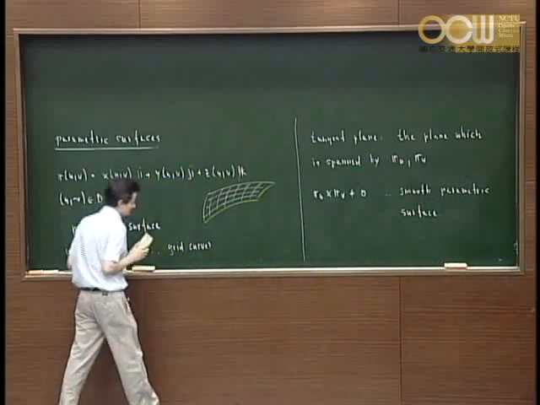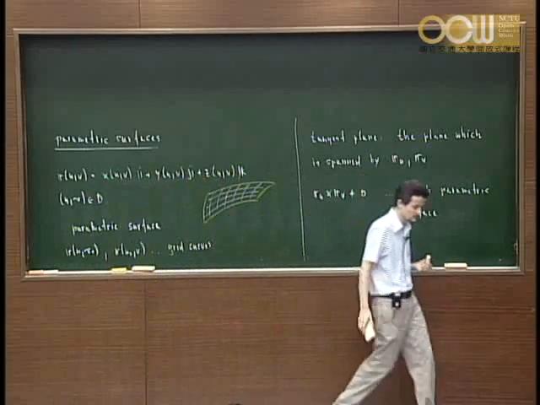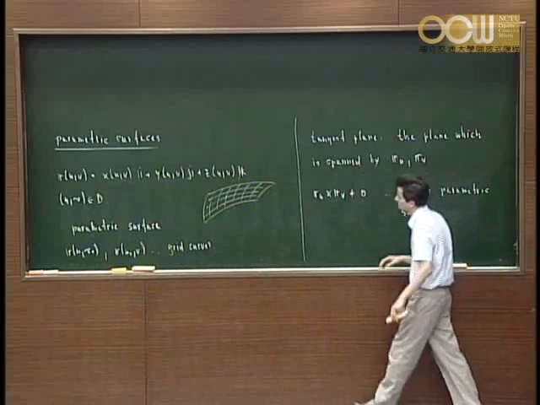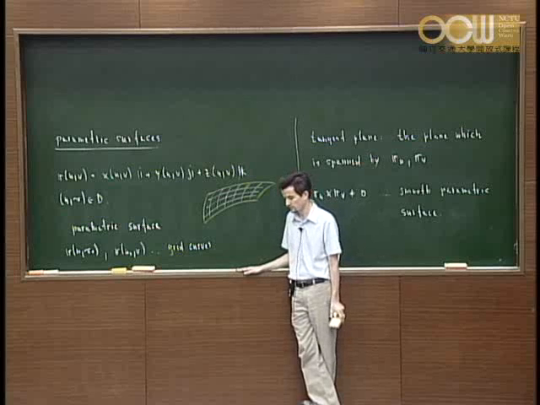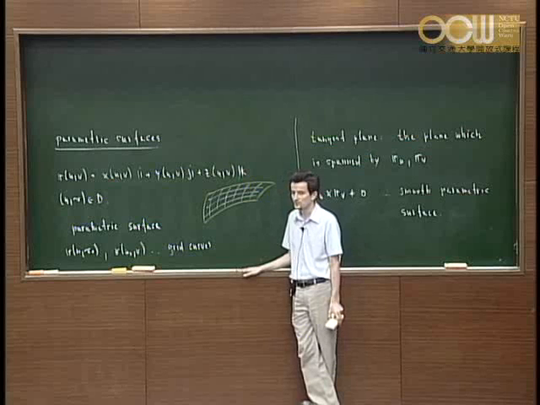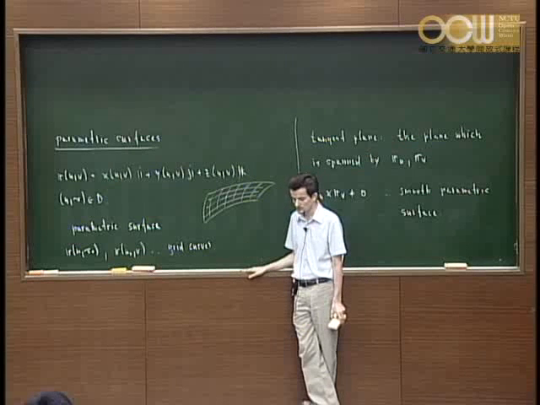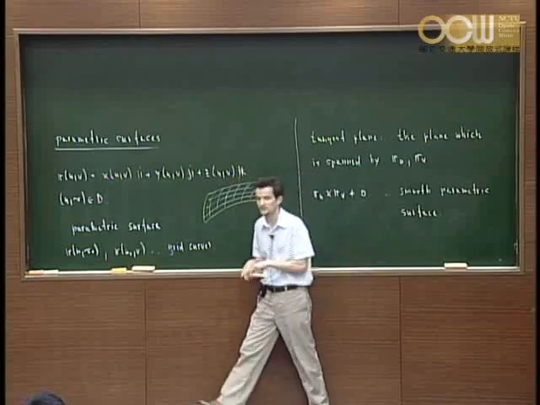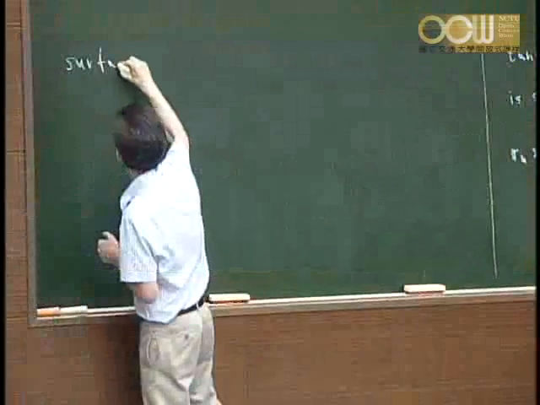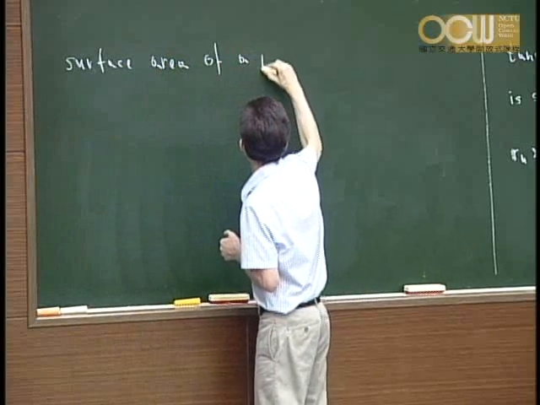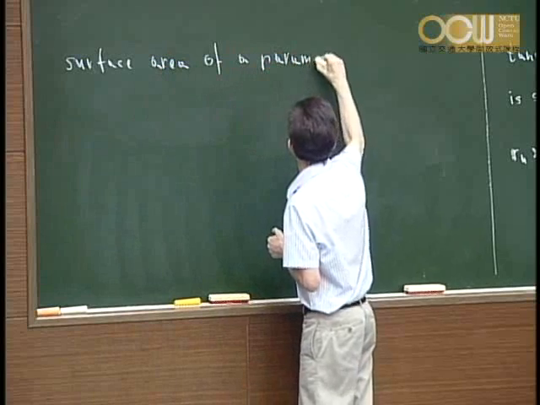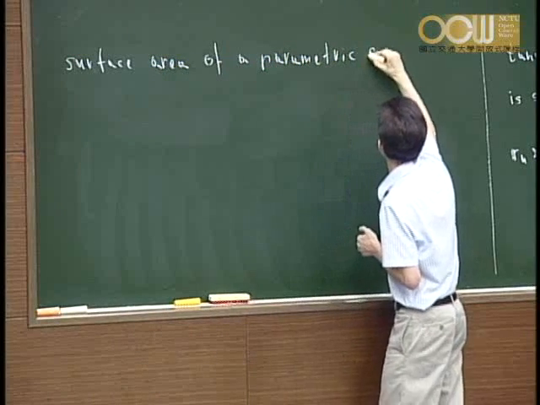Okay, the next step: we discussed already how to compute the surface area for surfaces which are given by functions of two variables, and you can use a similar approach to compute the surface area of a parametric surface.